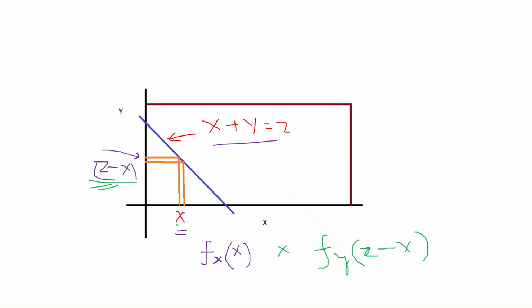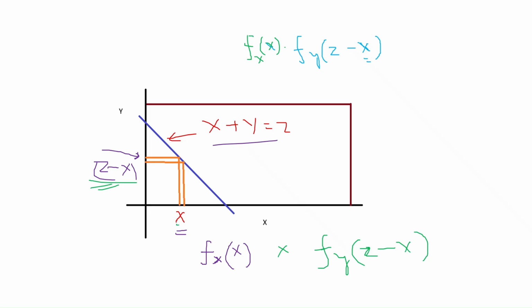Now, this product would be f of x times f of y, z minus x. Now, of course, this x, we have to calculate it over all of x, not just a single point.